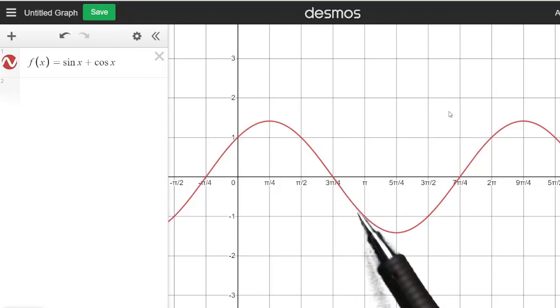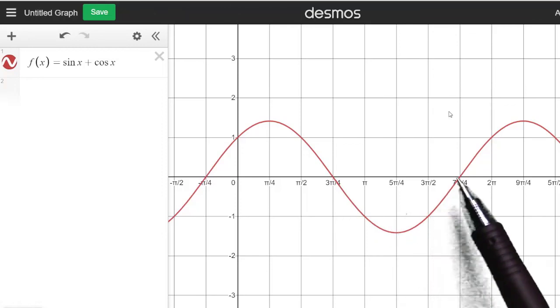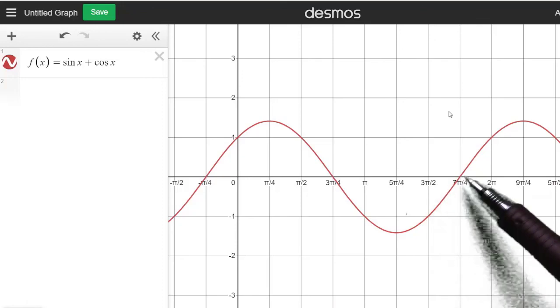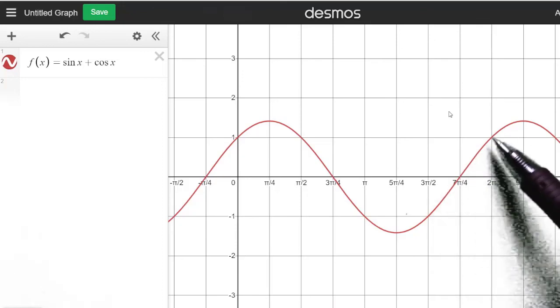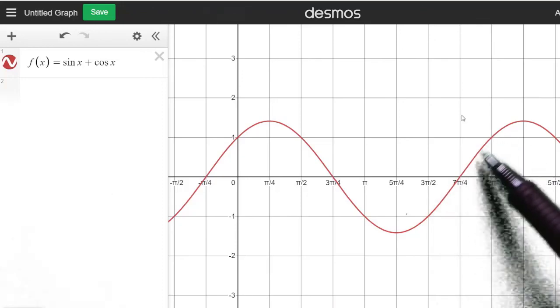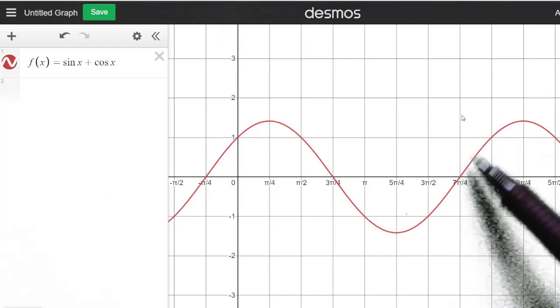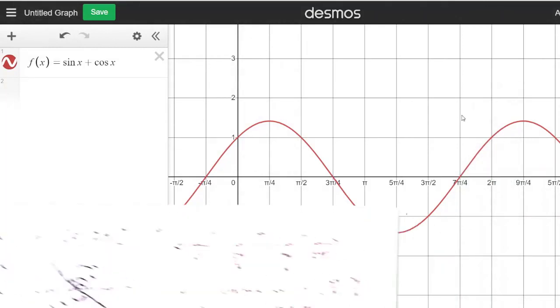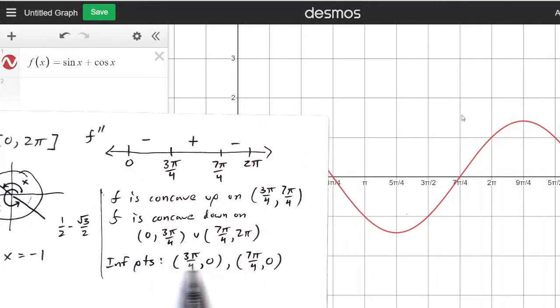And then it's concave up until we get to here, and that's our next inflection point, 7 pi over 4. And then we're concave down until we stop here because that's the end of the interval, right? So that's our last bit of concave downness. And that verifies exactly the stuff that we wrote here.